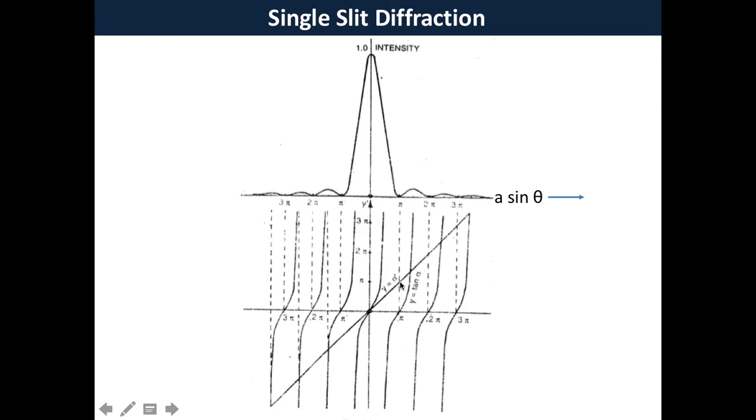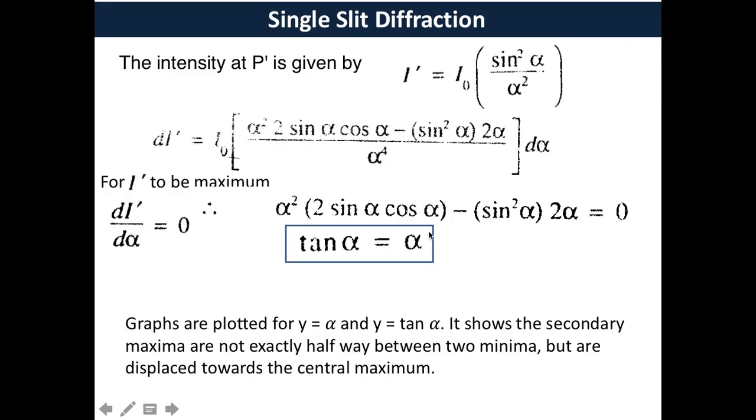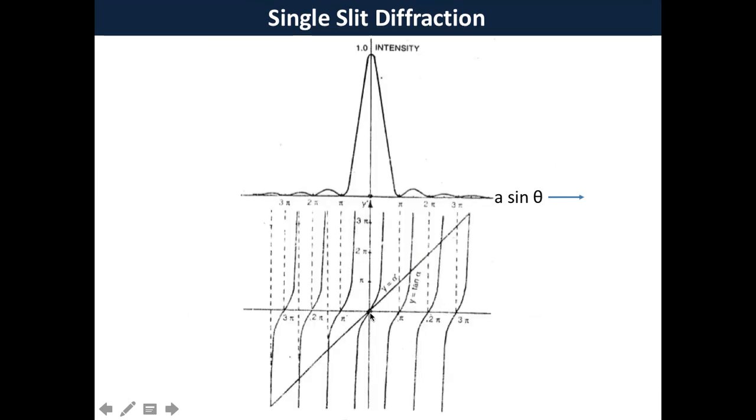You need to put in different values of alpha, and similarly for y is equal to tan alpha, which shows a curve like this. You can put different values of alpha here and get the function of I.